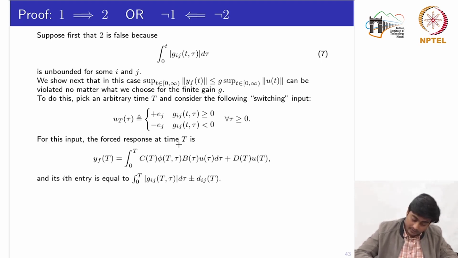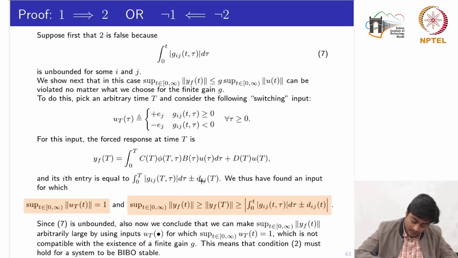Again, if we compute the response at time T, it is given by this one, and its ith entry would be given by this part. Because we know that the ith entry of this part is given by this, and the ith entry of D(T) is basically d_ij, only at time T.